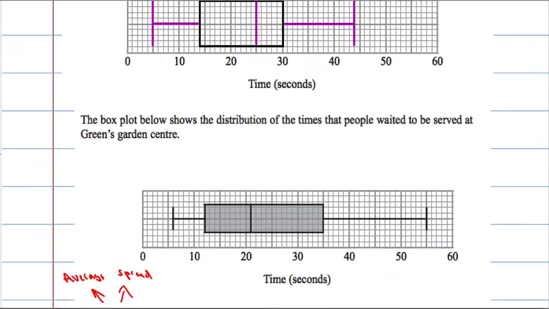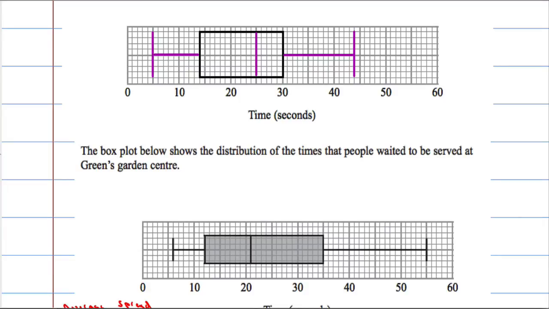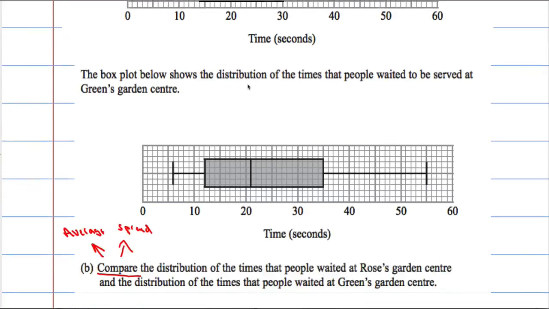So let's look at the average first of all. We can see in Green's Garden Centre the median value is 21, but in Rose's it's 25.